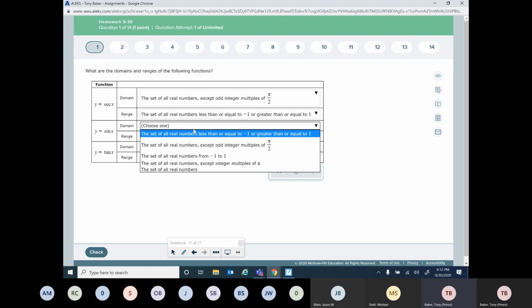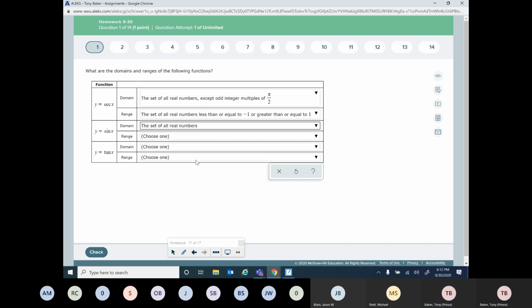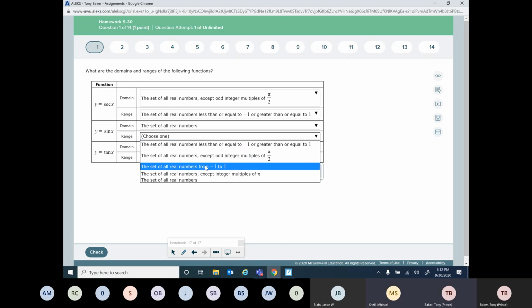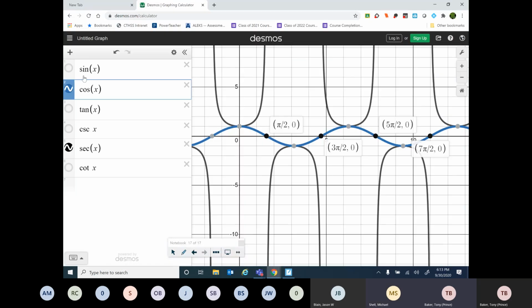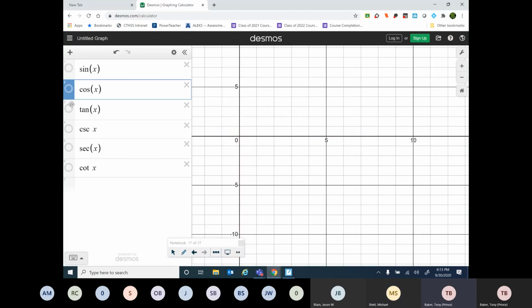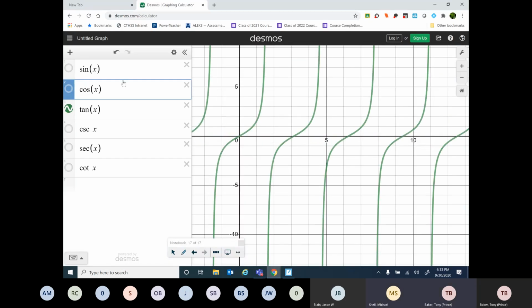Now sine, my domain is all real numbers, and my range is from -1 to 1. Now tangent, we look at tangent, and it's going to be where the zeros for cosine are.